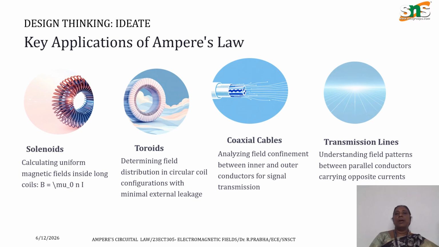If we see the coaxial cable, we can analyze the field confinement between the inner and outer conductor of a coaxial cable for signal transmission by using Ampere's law. Finally, we take the transmission line. In the transmission line, we can understand the electromagnetic field pattern between the parallel conductors which carry opposite currents. So this slide explains the key applications of Ampere's law.